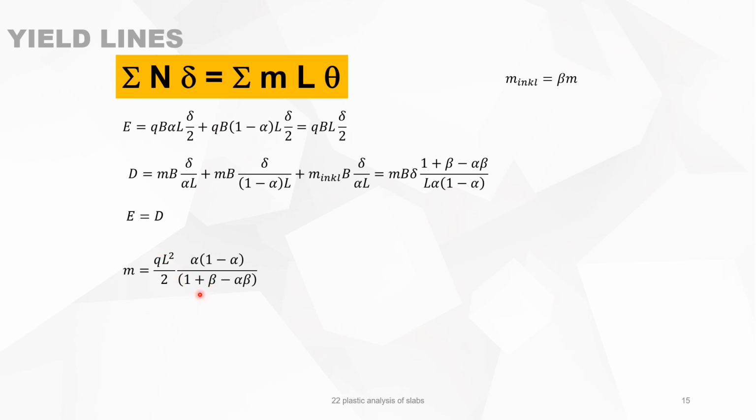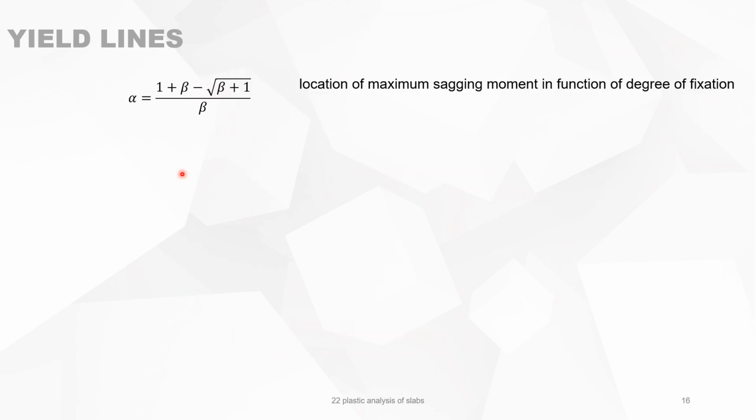We will maximize this bending moment by taking the first derivative, and we obtain alpha, the location of the yield line, as a function of the degree of fixation beta. So this is a nice formula.